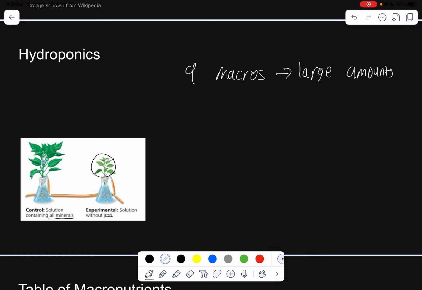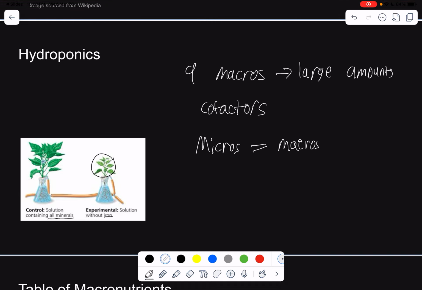Many of these micronutrients function as cofactors in the citric acid cycle, as well as playing a role in other areas of the plant. What is important to note here is that a deficiency of a micronutrient can just as easily kill a plant. So micronutrients are equally important to macronutrients.